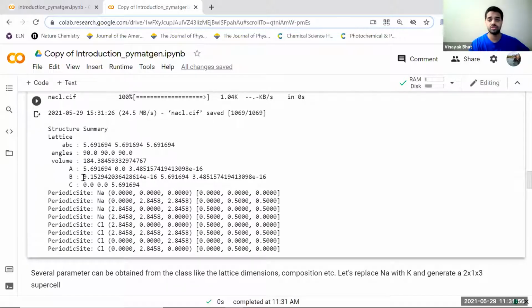This is the unit cell of NaCl, and you can see the vectors along A, B, C. This is a cubic cell because all of them are equal, 90 degrees. It has a volume, and it has the lattice parameters too: the A vector, B vector, C vector.